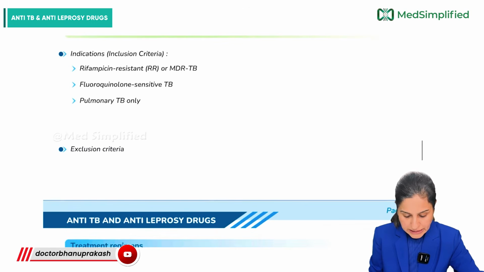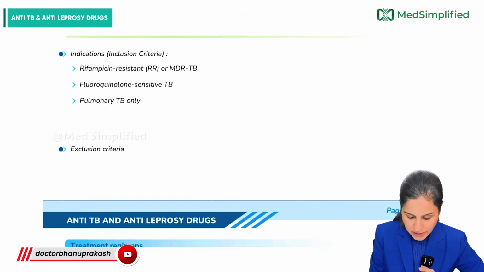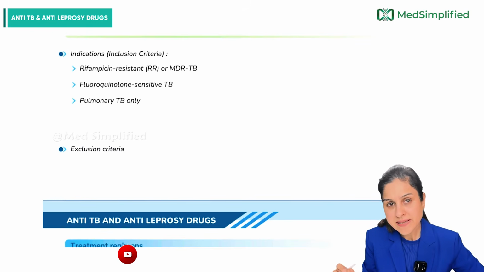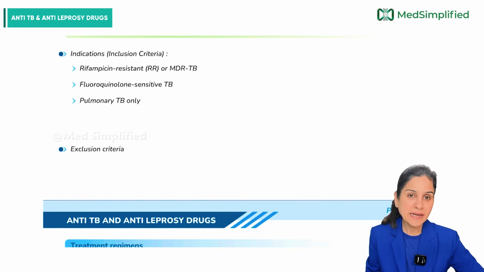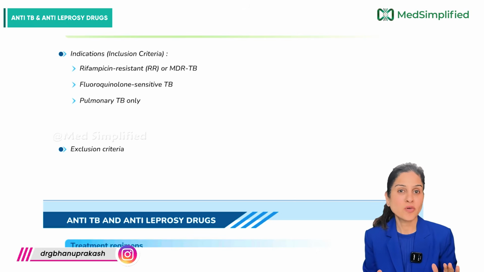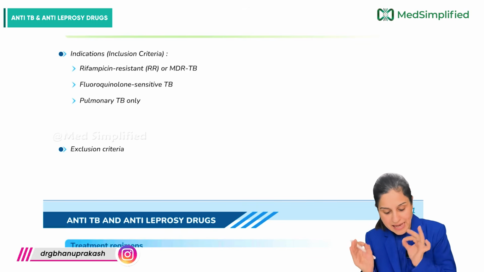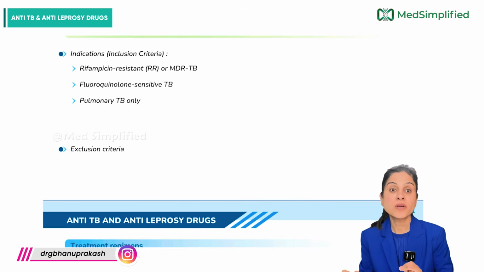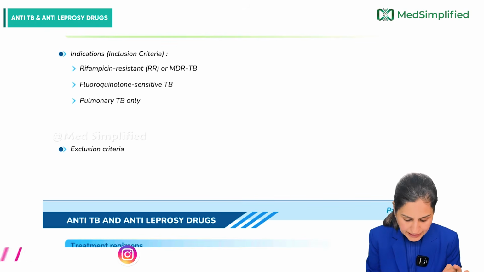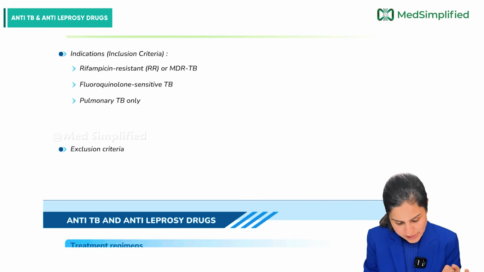The inclusion criteria: number 1, it should be rifampicin resistant or MDR-TB. Number 2, it should be sensitive to the fluoroquinolones. Then it should only be pulmonary tuberculosis.